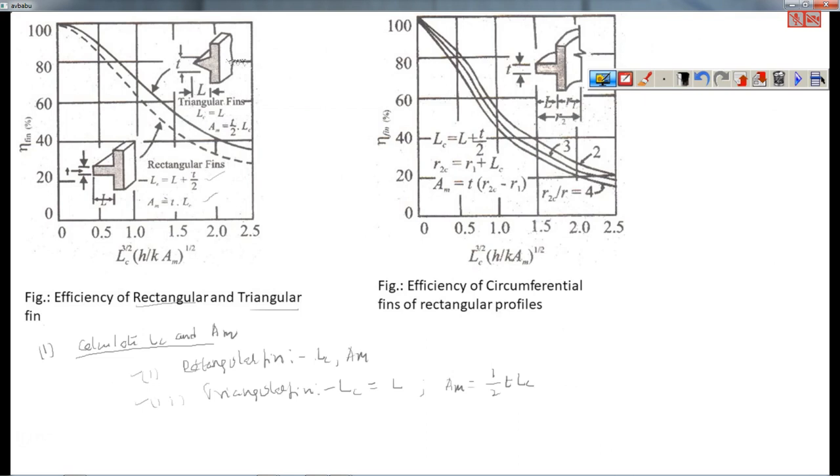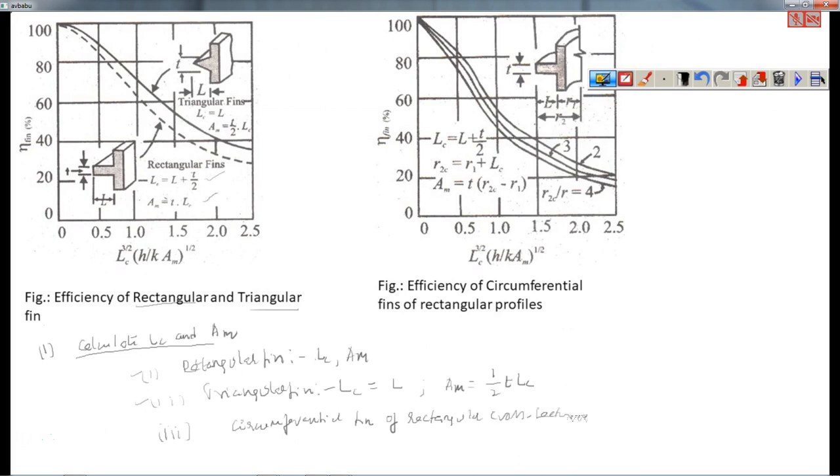Now I am going to the third case, in case of a circumferential fin, which is shown here, of rectangular cross section.